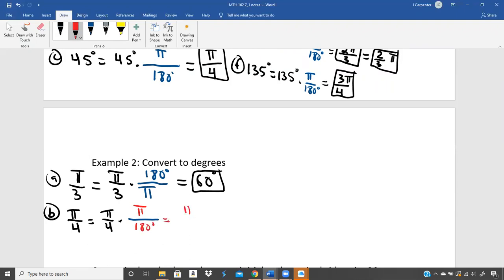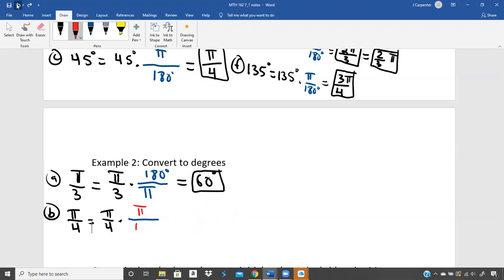Pi times pi is pi squared. 4 times 180, well, 2 18s is 36, 2 36 is 72, so that's 720 degrees. So the answer is pi squared over 720 degrees. What in the world does that mean? My head just exploded. I had an aneurysm. So that was wrong, wrong, wrong.